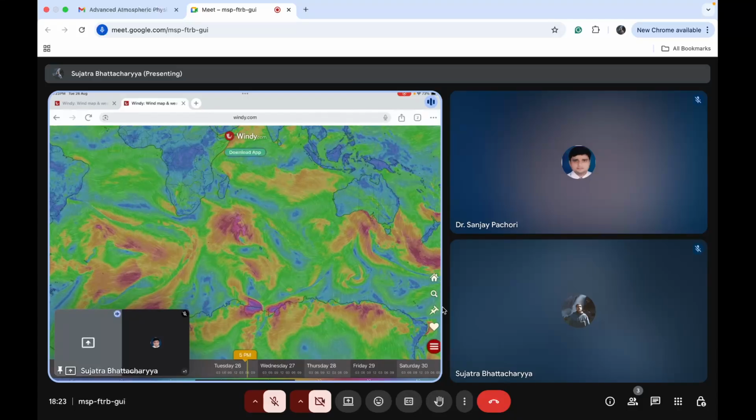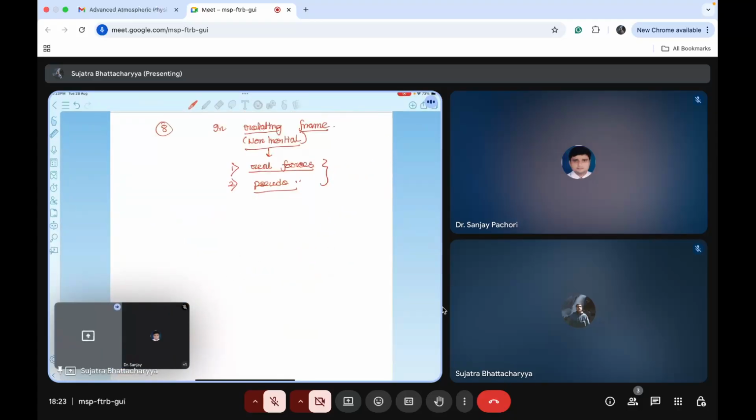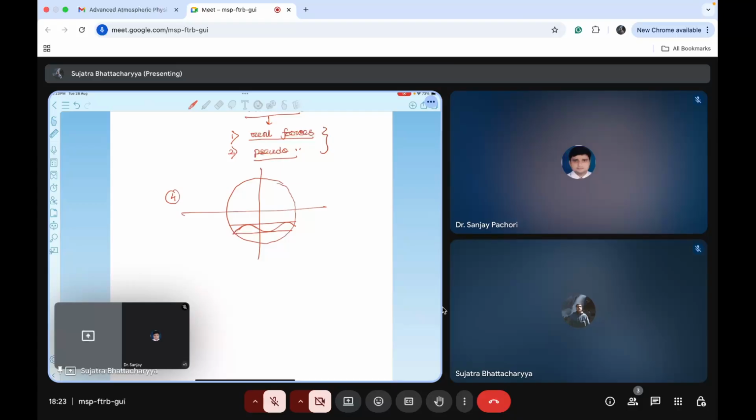And how it goes, this is how. So about the pole, if you have an Earth like this, at the mid-latitude region, you find stronger and larger wavelengths. This is the kind of pattern which the winds follow.